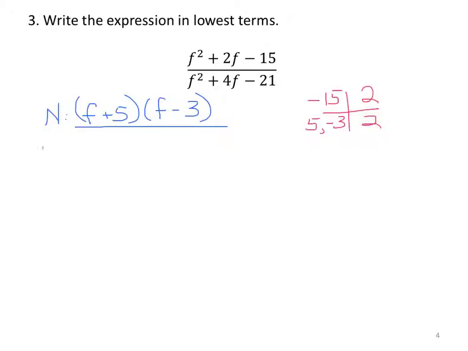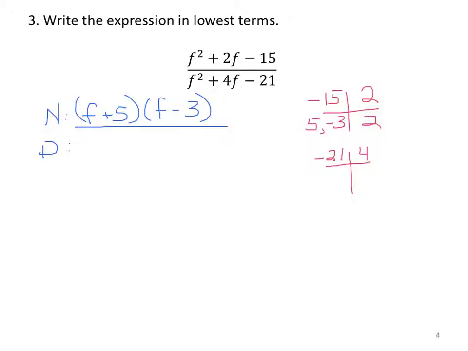Okay, now let's do our denominator. Same thing, it checks out all the way. We don't have a greatest common factor, we don't have a special case, we don't have a coefficient in front of the lead term f squared that is different from 1, so we can use reverse FOIL, and that means we need two numbers that multiply to give us negative 21 and add to give us 4. Well, 21 is 7 times 3, and the difference of 7 and 3 is 4, so you have to figure out which one is positive and which one is negative.